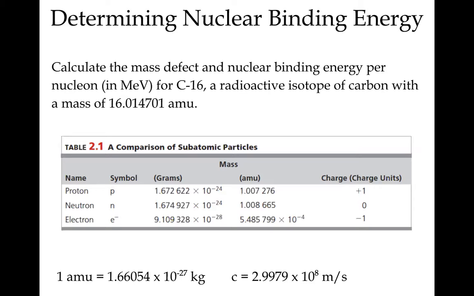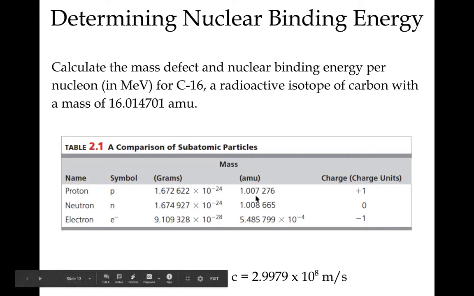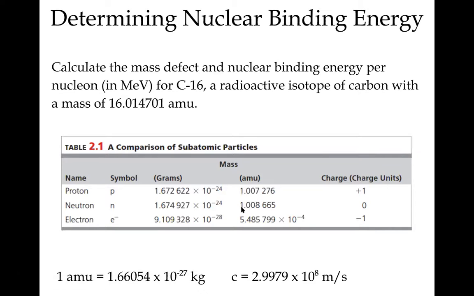What you have to do is find the mass defect, right? By taking the mass of the protons, so the AMU, 1.007276 times 6, and then take the neutrons, 1.008665 times not 6, but 10 in this case, because it's carbon-16.